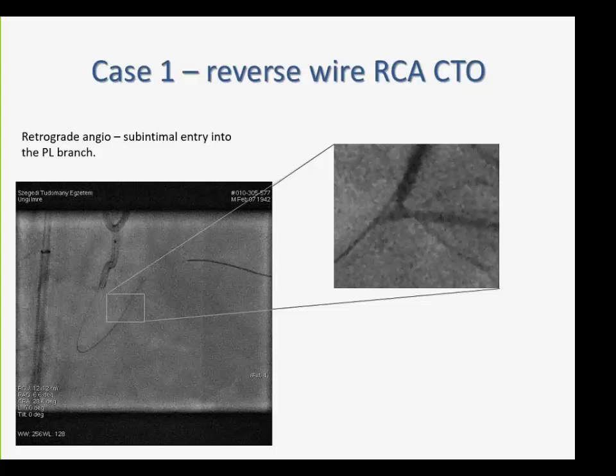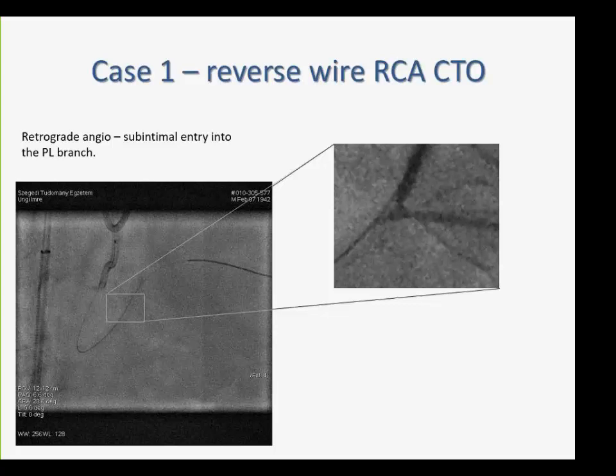It's an excellent question. Thank you, Manos. If the branch is small, for me here it seemed that both branches are big. Of course, the PD is really important. For me, it depends on two considerations: the size of the branch and the supplied area, as you mentioned, and whether there is a very good collateral to one of the branches.